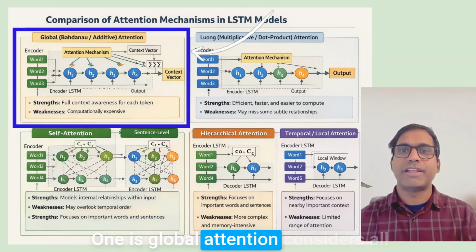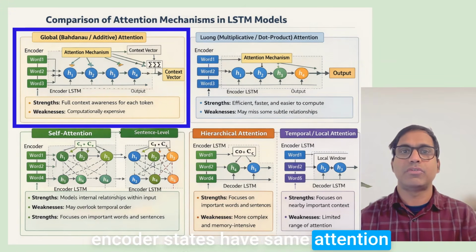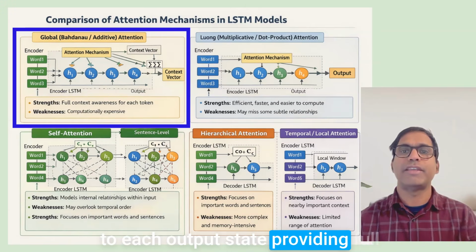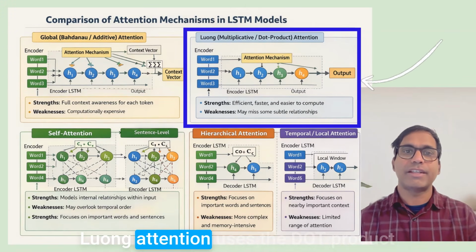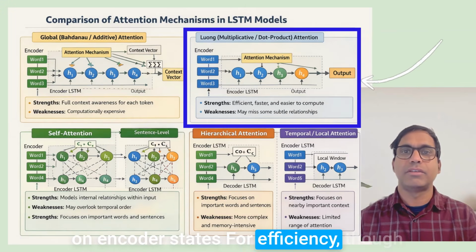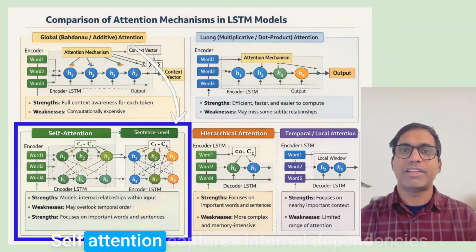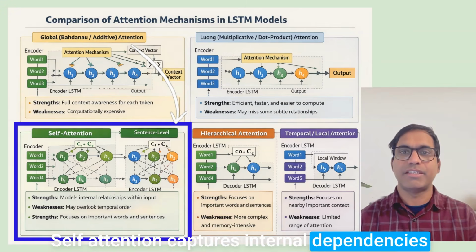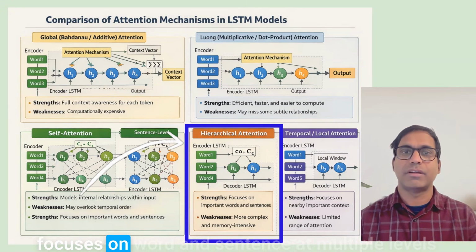One is global attention, which considers all encoder states with the same attention to each output state, providing full context, but it is computationally heavy. Luong attention uses a dot product on encoder states for efficiency, though it may miss subtle relationships. Self-attention captures internal dependencies within the input, while hierarchical attention focuses on words and sentences at multiple levels.